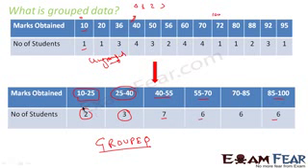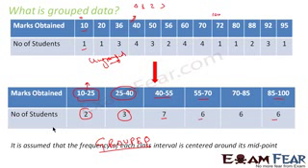Correct? Please note here, the class widths are the same. For example, 10 to 25, the difference is 15. Here also it is 15, here also 15. So the difference between maximum and minimum is 15. In case of group data, please note there is a catch here. The catch is, it is assumed that the frequency of each class interval is centered around its midpoint.